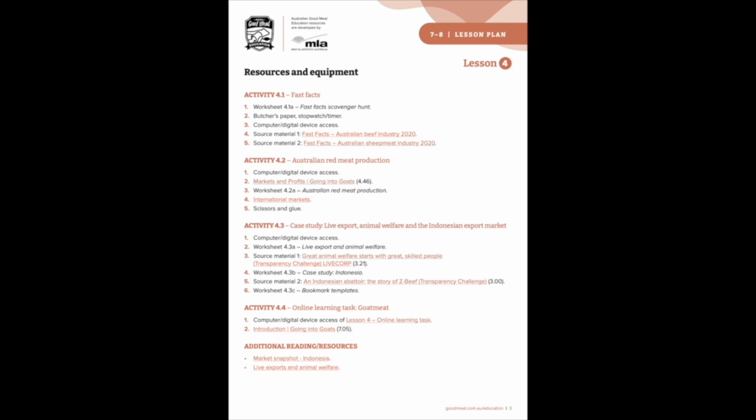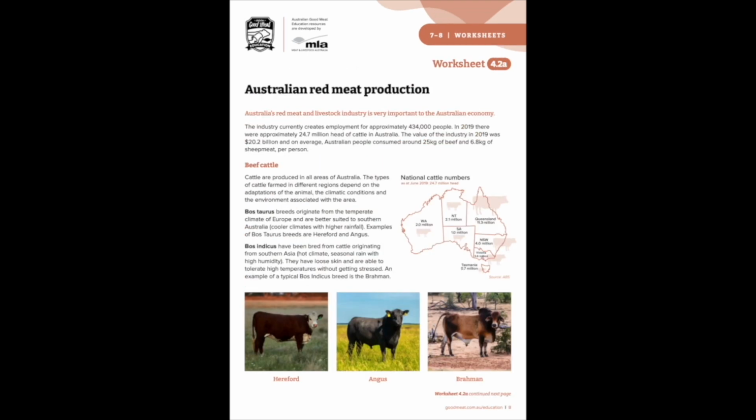Firstly, all lessons are coded to the Australian curriculum, making programming and searching for content a straightforward process. This is followed by a resource and equipment list with active links and references to all the materials you'll need during the lesson, ensuring efficient navigation.